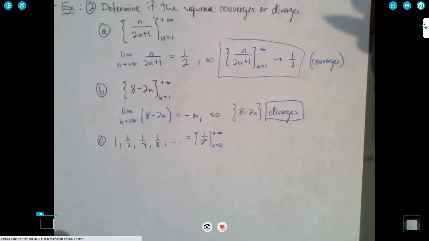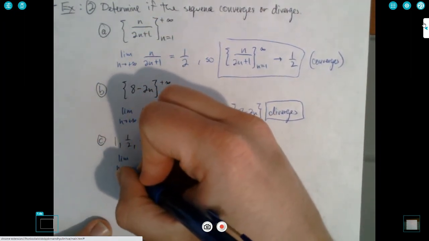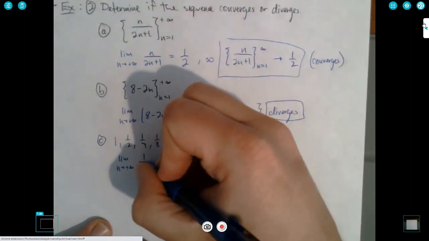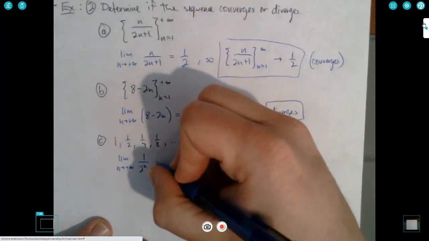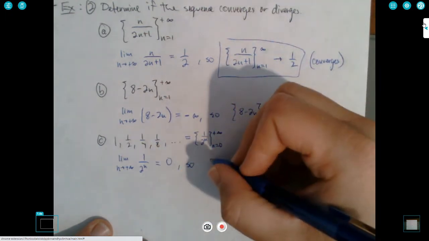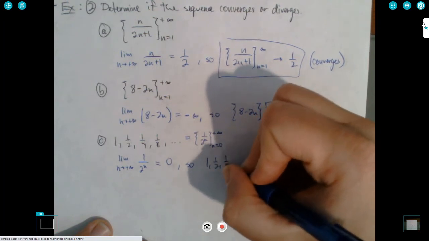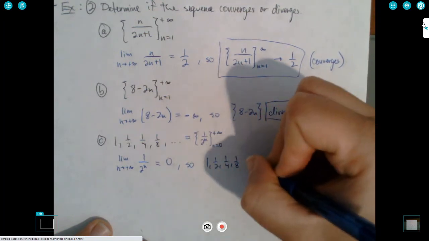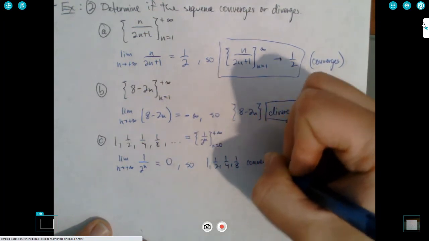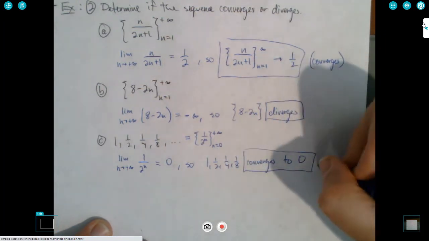Then we take the limit as n goes to positive infinity, and that goes to 0. So we would say 1, 1/2, 1/4, 1/8 converges to 0.